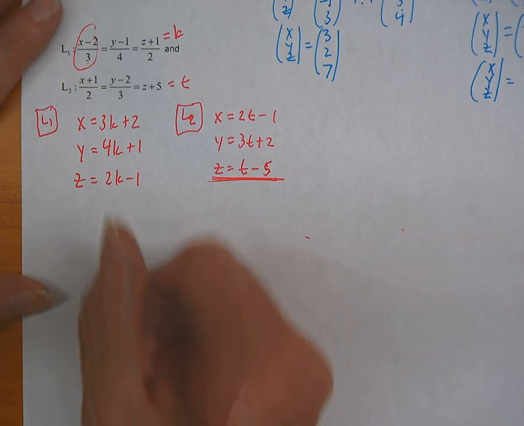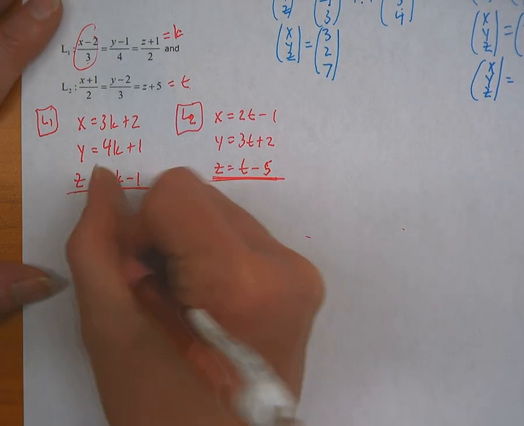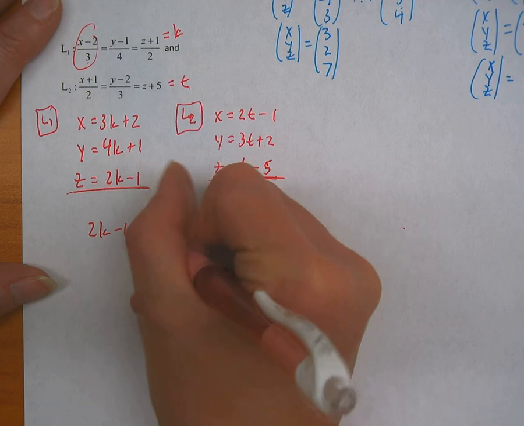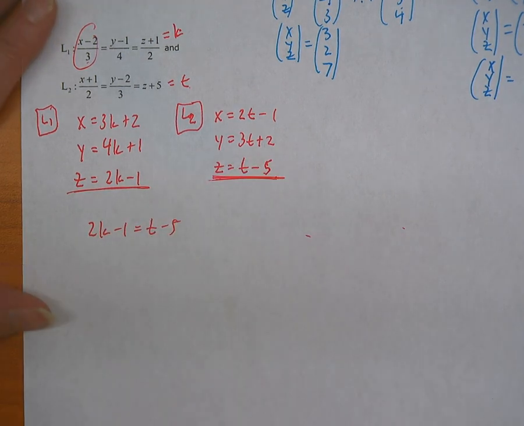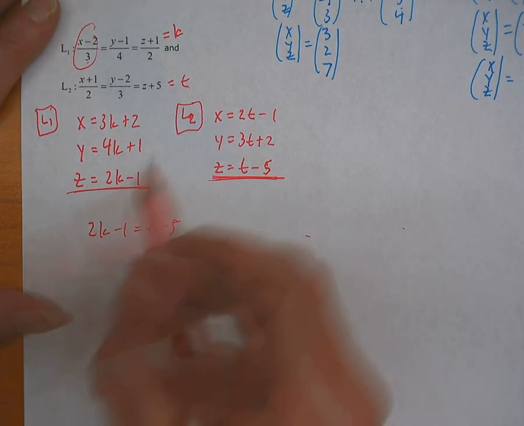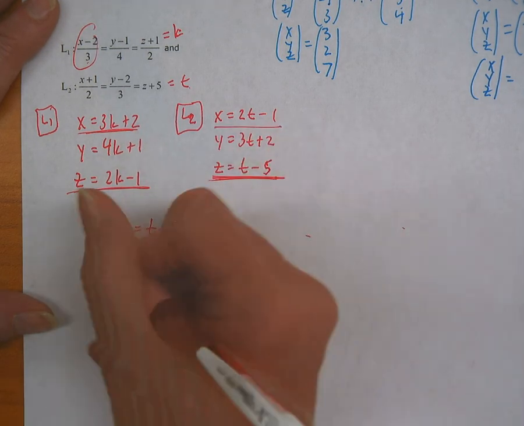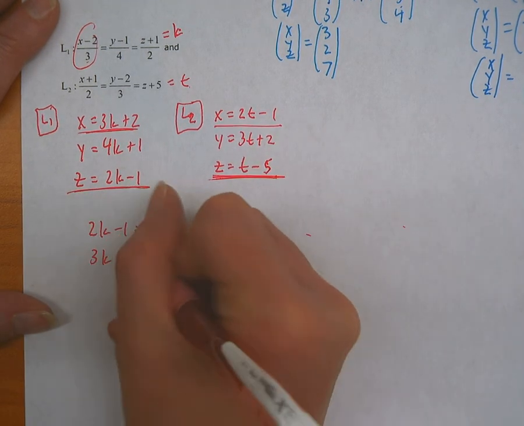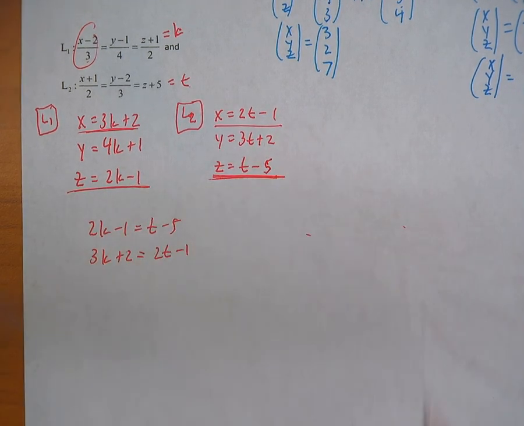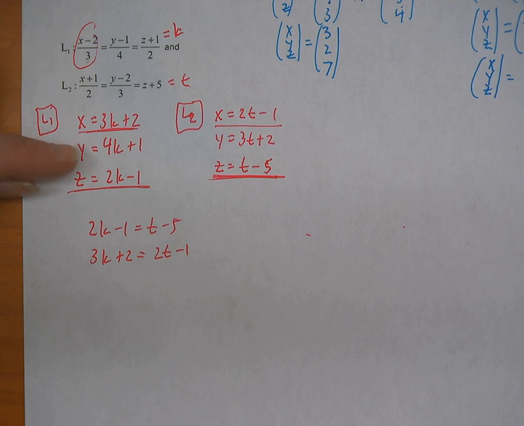So I think I'm going to use the Z variable as one of my equations to solve, and then maybe the X variable as my other equation. You only need to pick 2 of them because you only have 2 parameters, K and T. So Y is the one that might be different this time. Okay, let's solve for K and T and see what happens.